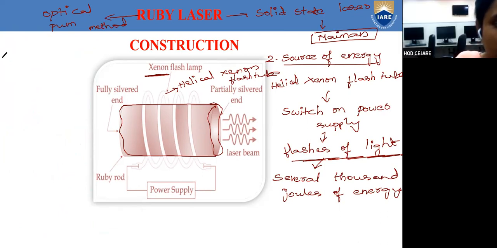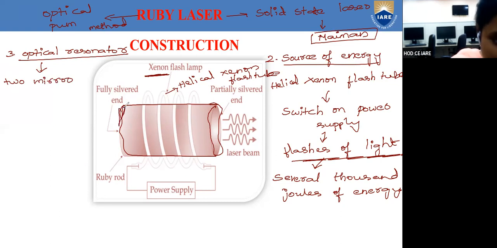So the third part is the optical resonator, in which we have two mirrors. To have these mirrors, see here, these are the end faces of the ruby rod. This is one end face and this is another end face.